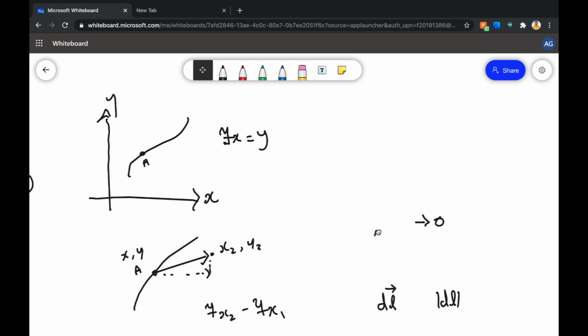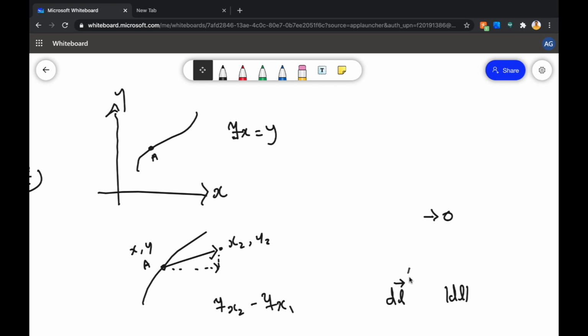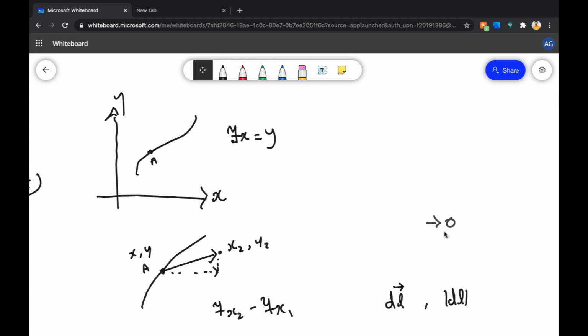Yeah. So this is the change in this case, which is nothing but the cos theta of the vector along the x direction. And however much change that gave me in x, let's say it gave some change delta x, I add that to x to get x plus delta x, which gives me x2, and I put it in the function and subtract f of x1, and that gives me the change.